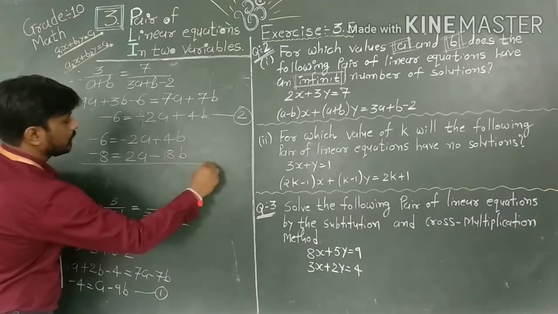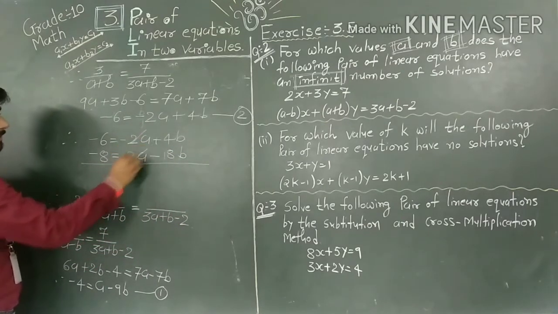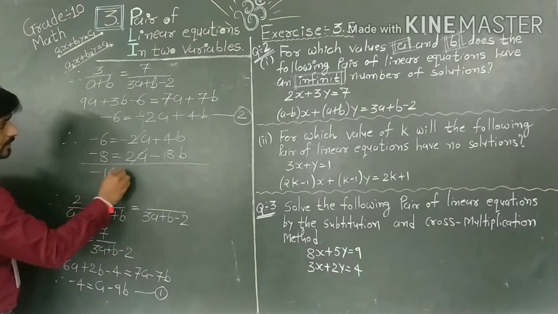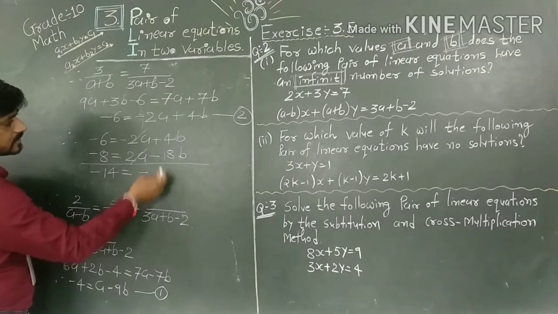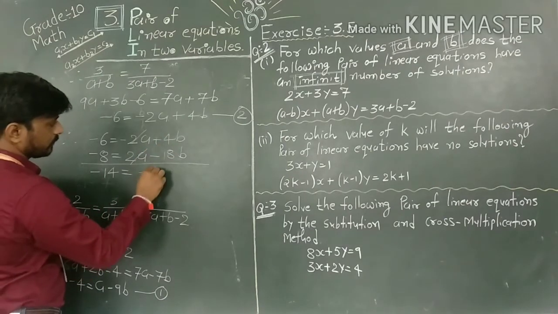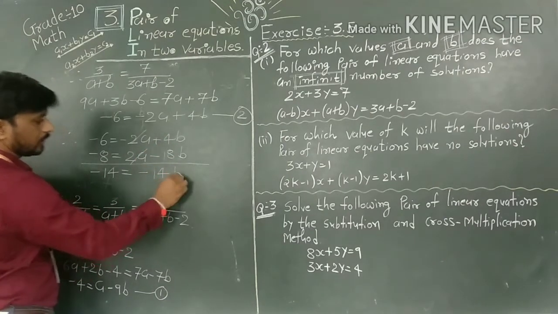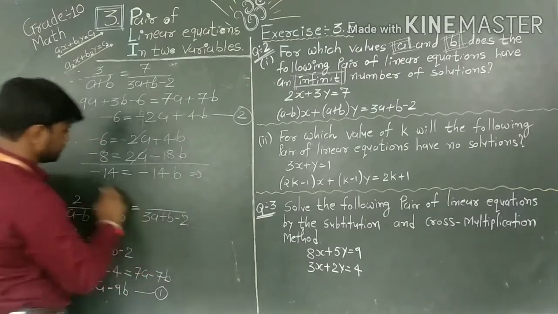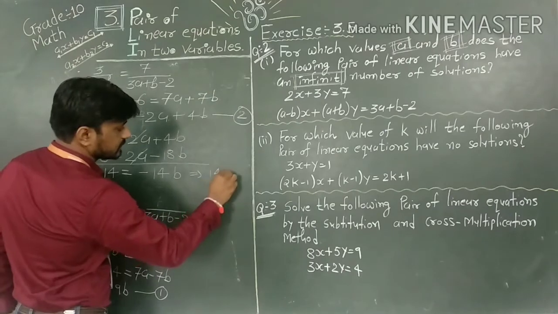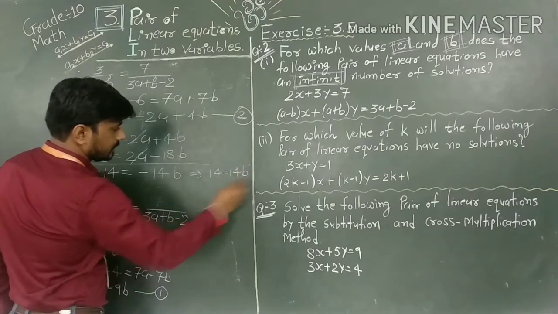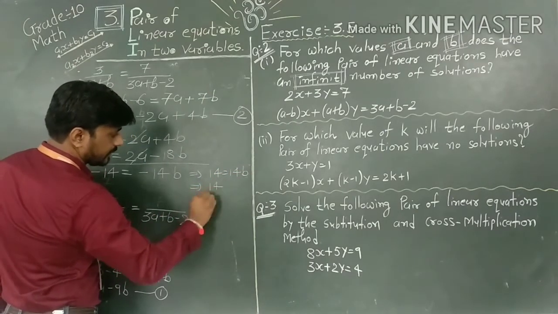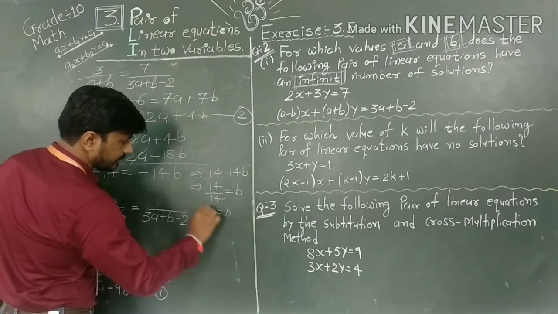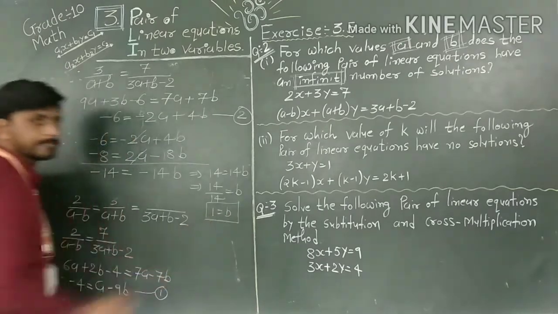Now minus and plus cancel. That means minus 14 is equal to minus 14b. Minus minus cancel on both sides, so 14 is equal to 14b. That means 14 upon 14 is equal to b, that means 1 is equal to b. This is the value of b.